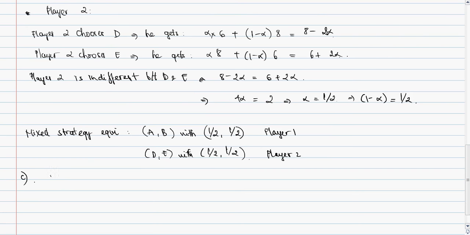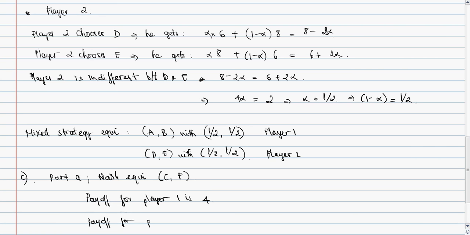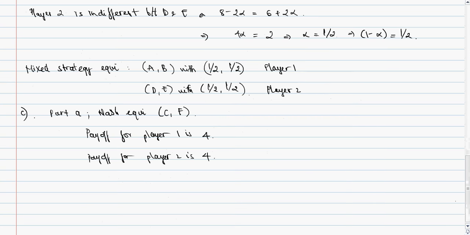For part A, it is the Nash equilibrium C and F, and therefore the payoff for player 1 is 4, and the payoff for player 2 is 4 as well. That is the last cell in the table, where players 1 and 2 are choosing C and F, and each of them gets 4 as a payoff.